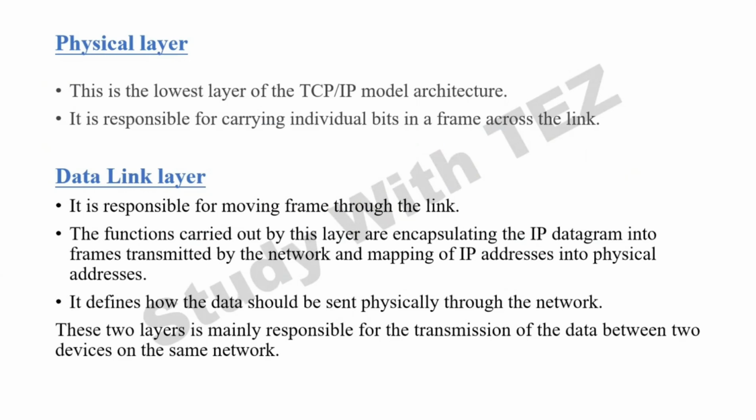Logical addresses are nothing but the IP address, and the physical address is nothing but the MAC address. And this will define how the data should be sent physically through the network. So basically, these two layers are responsible for transmission of data between any two devices on the same network.